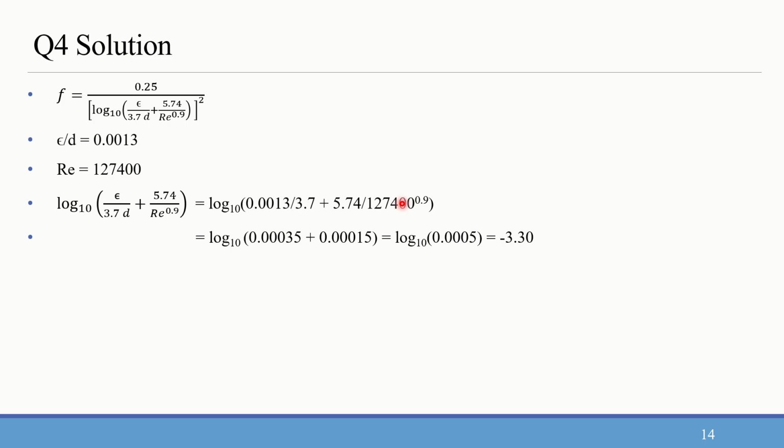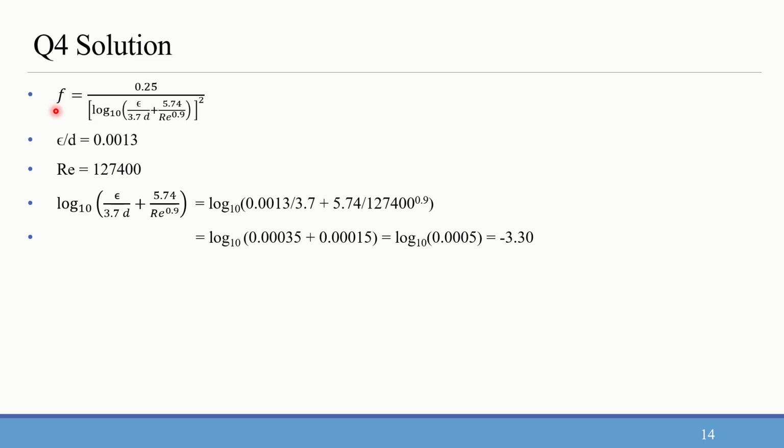This gives us 4.95 into 10 power minus 4. Taking log of this gives us minus 3.30. So this term alone gives us minus 3.30.